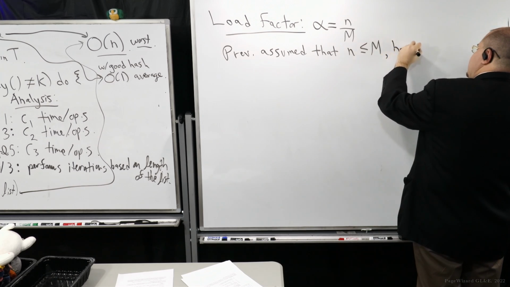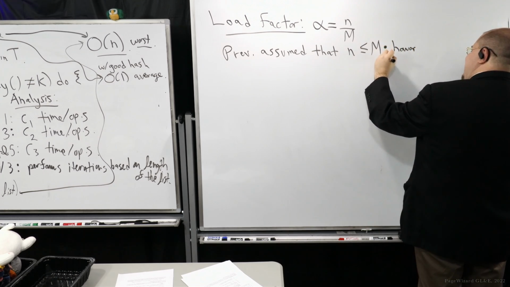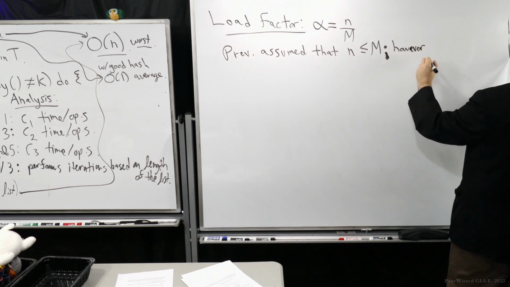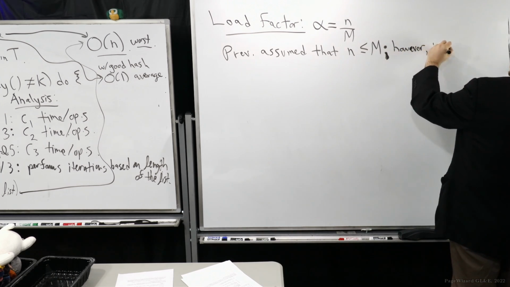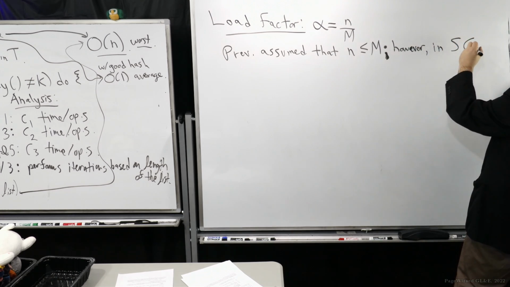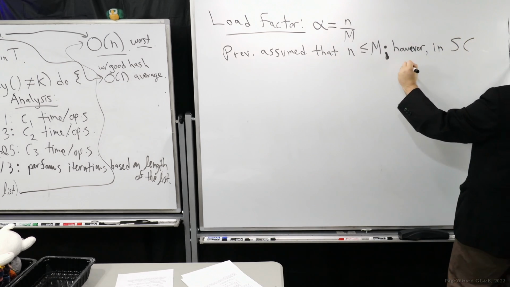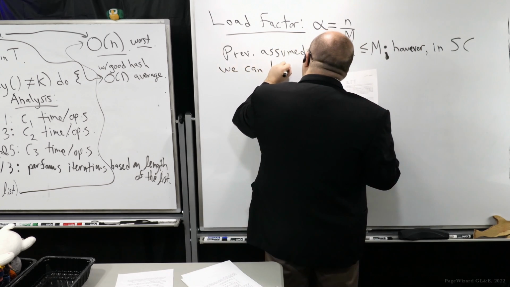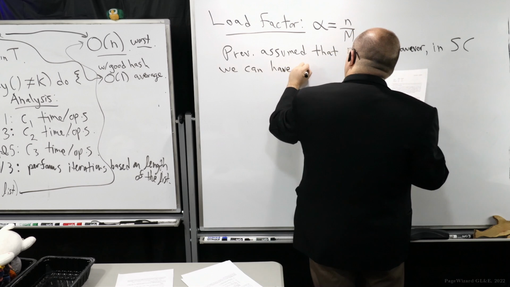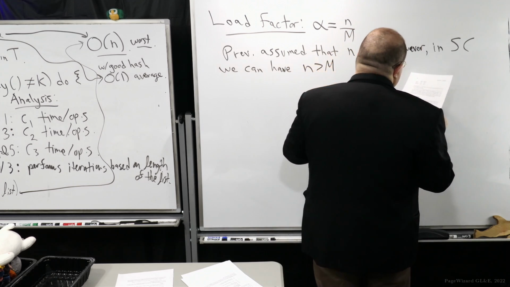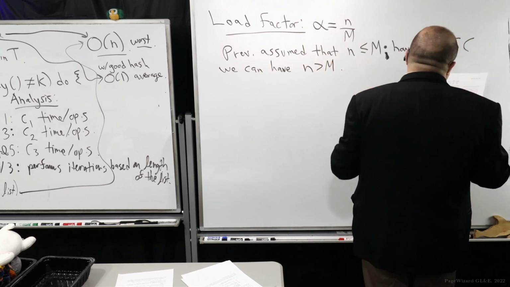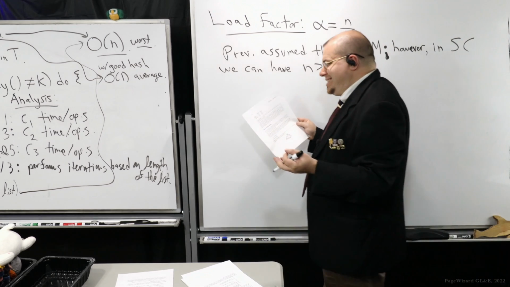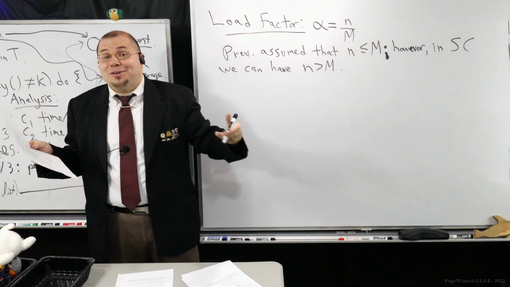However, in separate chaining, I'll abbreviate it with SC just for the sake of brevity, we can have n strictly bigger than capital M. So you might ask, Dan, how would this behave on average then if you can have more records than there are slots?